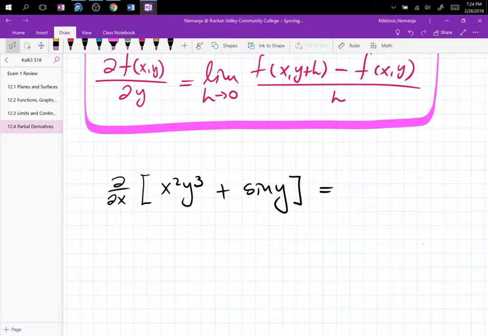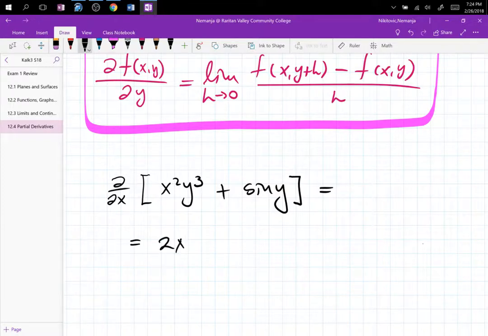All right, you are looking for the derivative with respect to x. Well, all the y's are constant. So if y is constant, then I get to copy that, and I'm taking the derivative with respect to x, so I have 2x there.